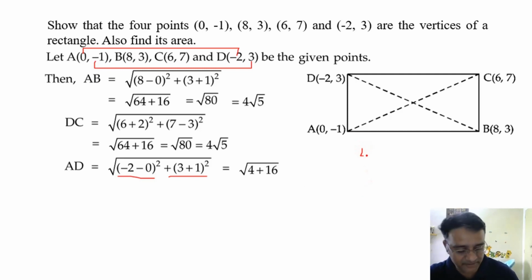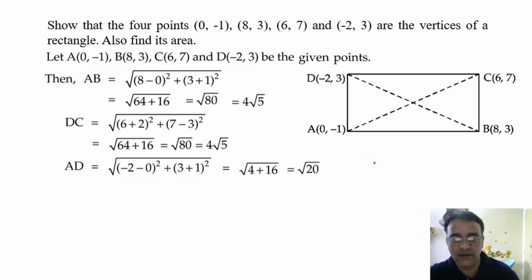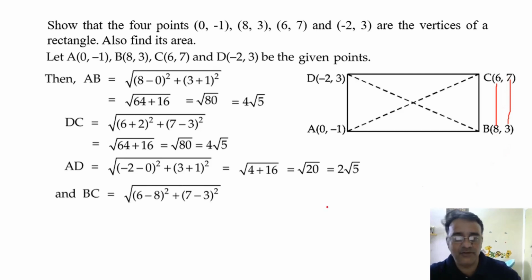Yes, 2 root 5. Next BC. Look carefully at BC: 8 minus 6 whole square plus 3 minus 7 whole square, whole root. Or you can write reverse also: 6 minus 8 whole square plus 7 minus 3 whole square. So this is 4 and this is 16. So here also root over 4 plus 16 we are getting, that is 2 root 5. So opposite sides are equal.